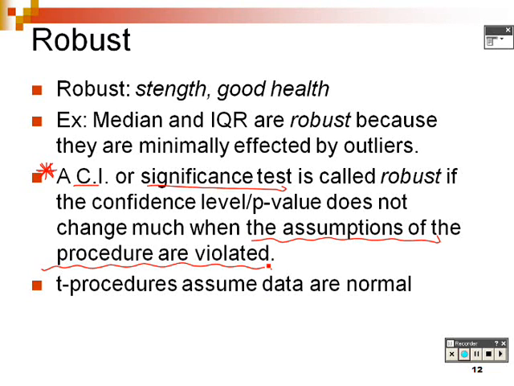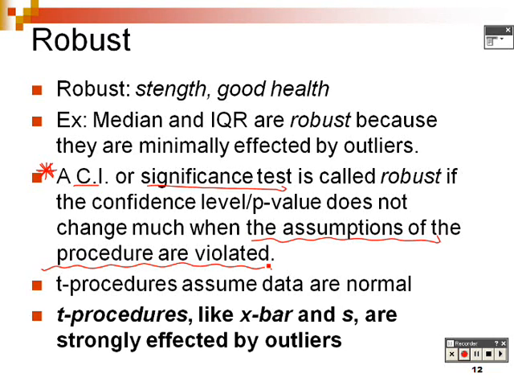T procedures are assumed to be normal. So if they're not normal, how well do the T procedures work? That determines how robust they are. Well, the answer is they're moderately robust, but just like x bar and like s, t procedures are very strongly affected by outliers.